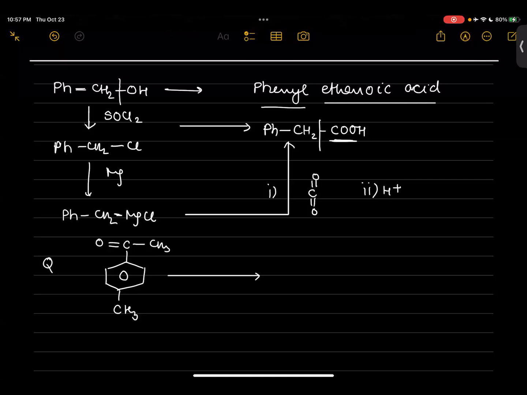And they are asking you to convert it into benzene 1,4-dicarboxylic acid. So how are we going to attain this conversion?